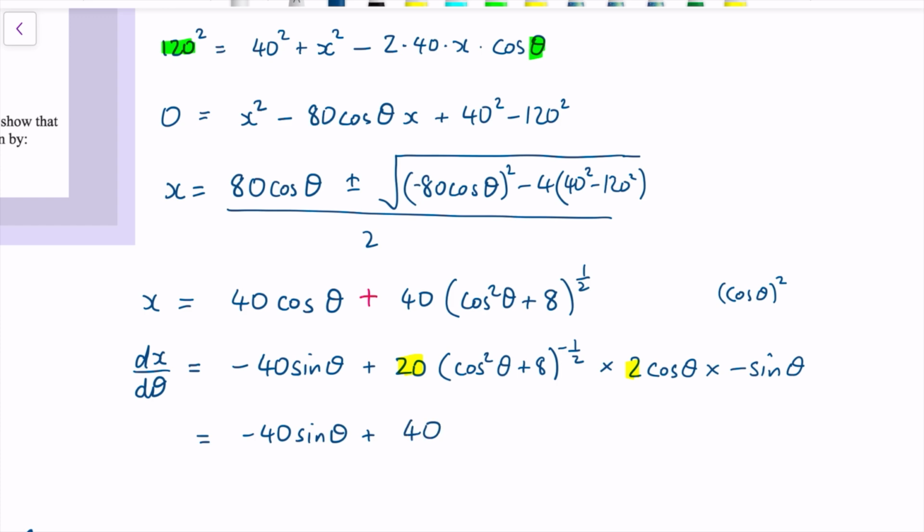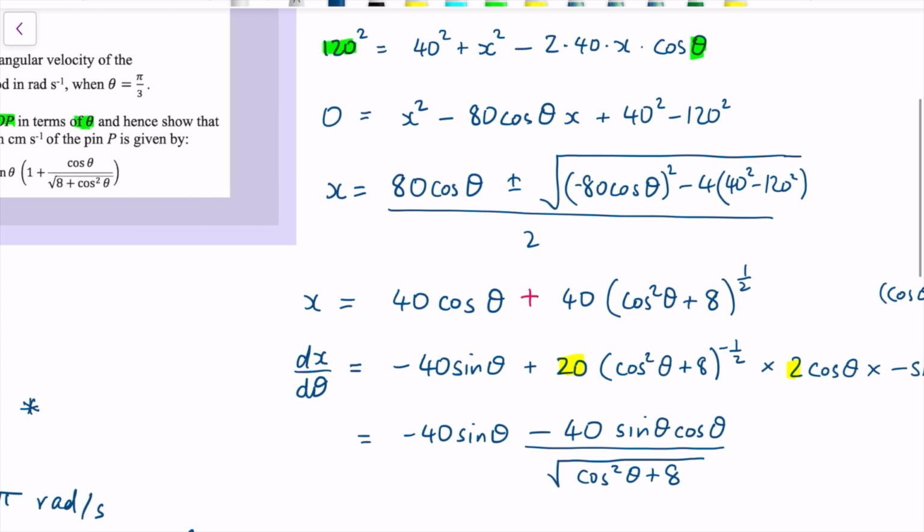It's a minus now, given there's a negative in that last term. And then it's all divided by the square root of cos squared theta plus 8, negative 1/2. Drop it down to the bottom as a power of 1/2.